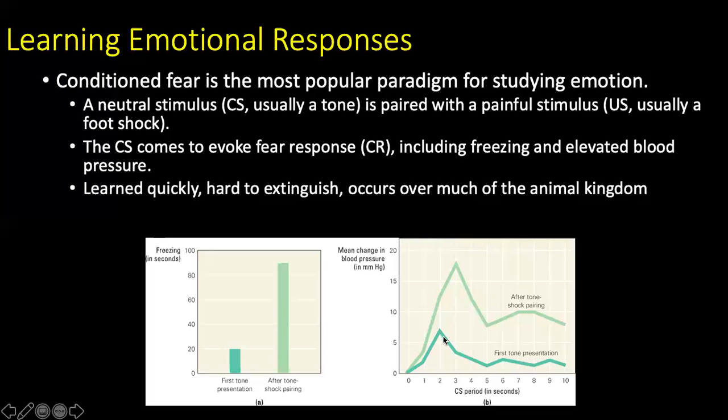It notes the tone, but then it quickly goes back to baseline. But after that tone shock pairing is learned, we see the big spike and it stays elevated a little bit afterwards, right? So we can use this kind of classical conditioning paradigm to study behavioral and physiological changes associated with learning a fear response.